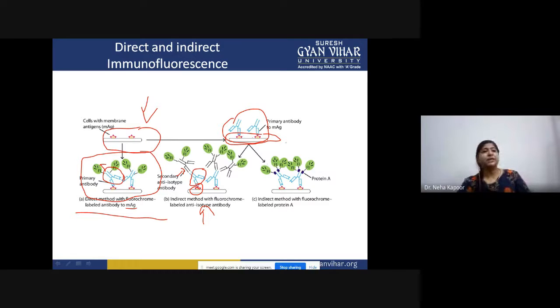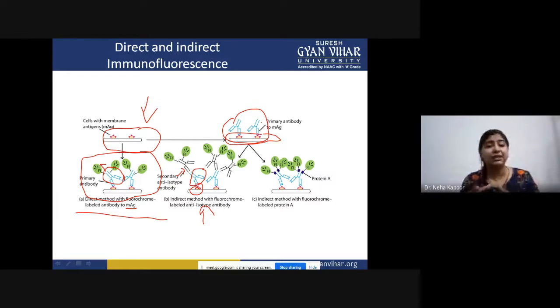In certain cases of the indirect method, we can also use carrier proteins coupled with the fluorophore for detection in case we do not want to use the secondary antibody. So that is a very important point in direct and indirect immunofluorescence that we normally carry out.